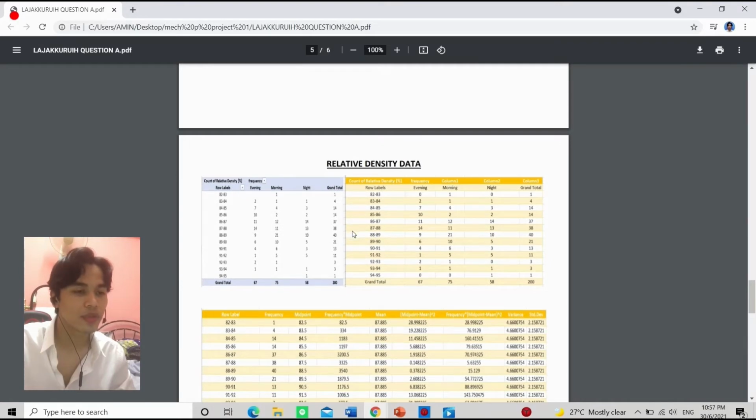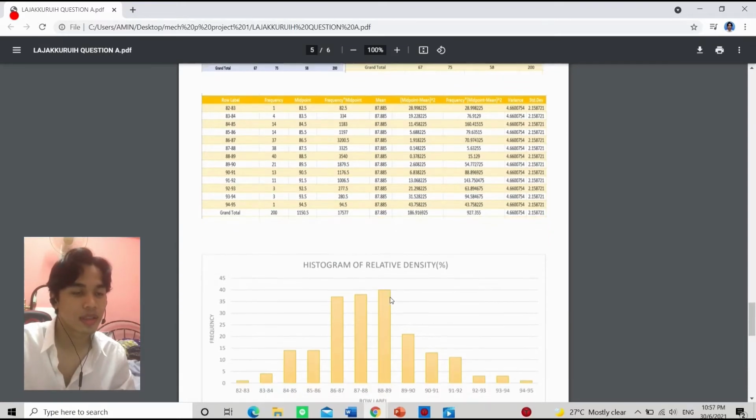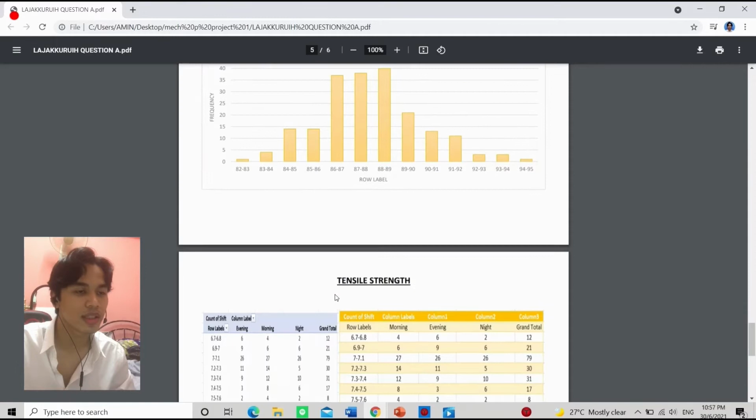Next, we move to the relative density data. As you can see here, the frequency for evening, morning, night and the total. Then from the frequency, we find the midpoint, mean, variance and standard deviation. Then we do the histogram for relative density.